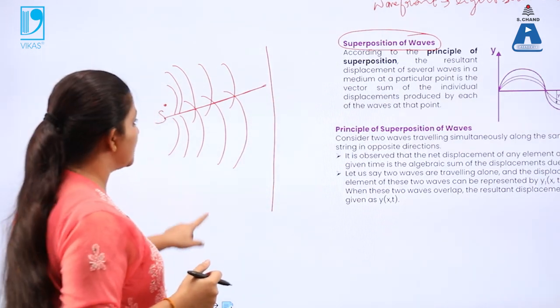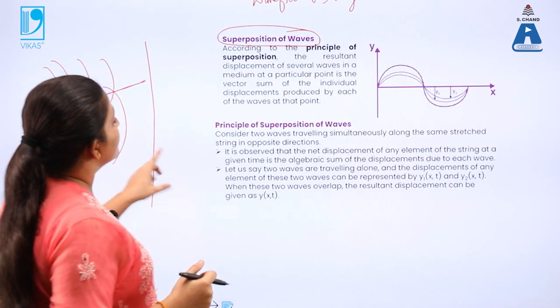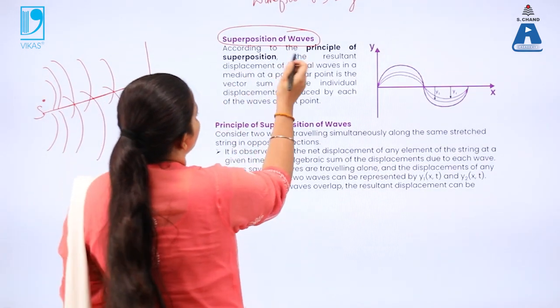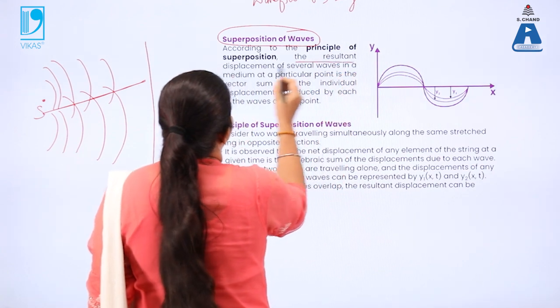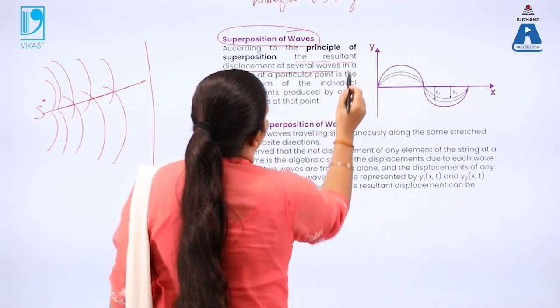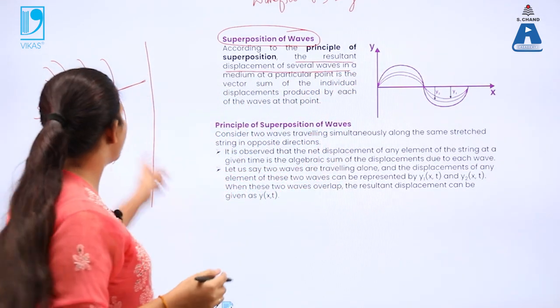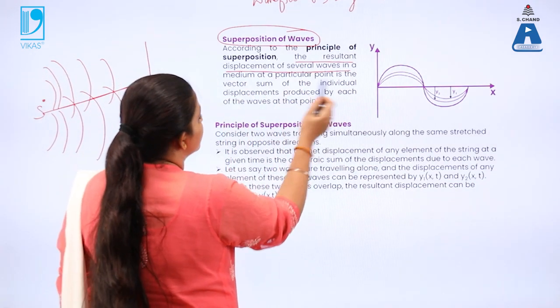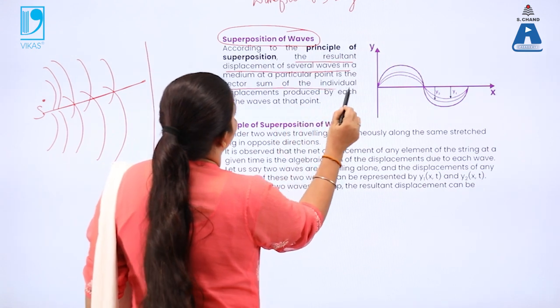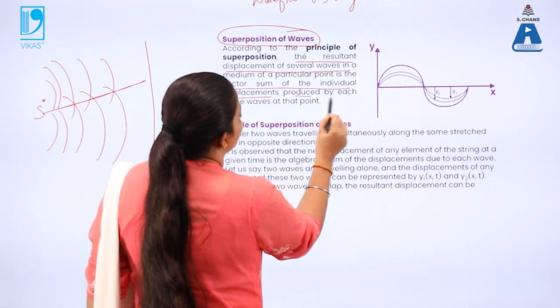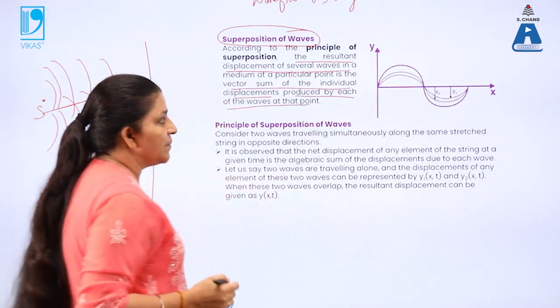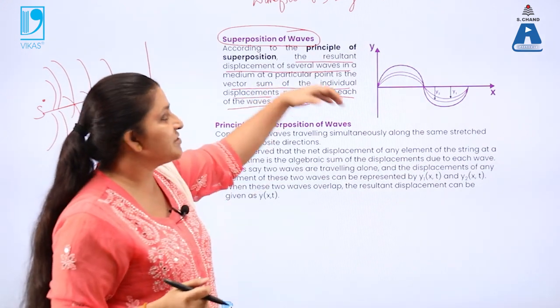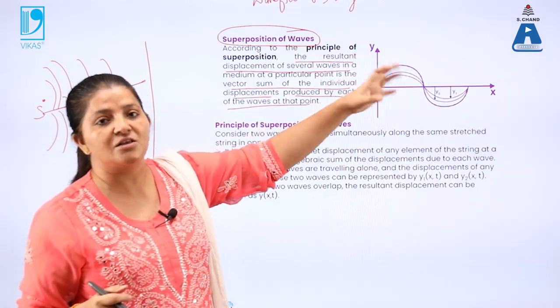So according to this principle of superposition, the resultant displacement of the several waves, because there is a large number of waves which travel in the space, is equal to the vector sum of the individual displacements produced by each wave. We know that a wave traveling in space is taken in the form of vectors.